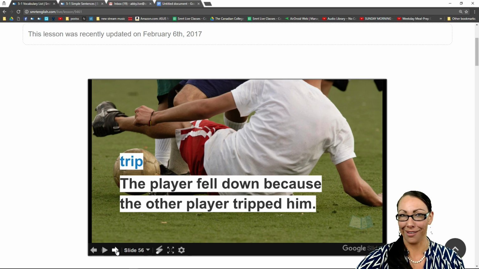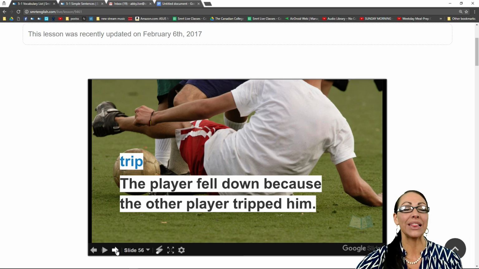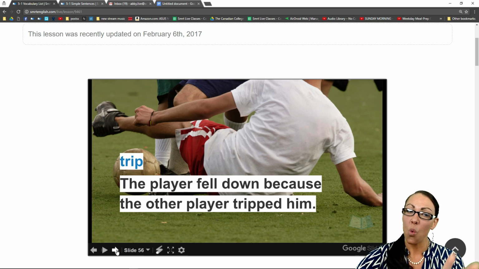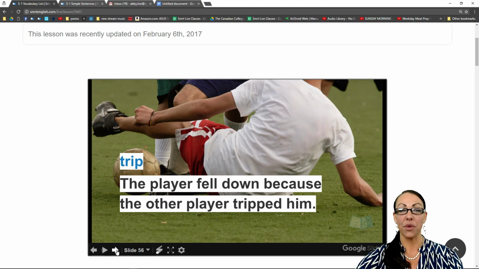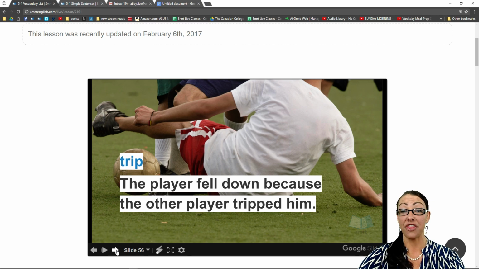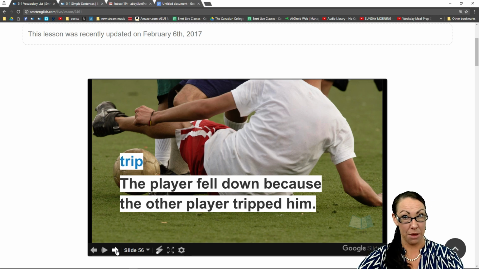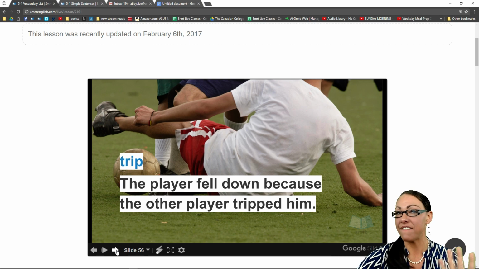Trip. Now, we know in English that we have a lot of words that are either pronounced the same or spelled the same, but they mean completely different things. So for our purposes, when we talk about trip, the example here, the player fell down because the other player tripped him. All right, that is different than trip as in vacation or holiday.